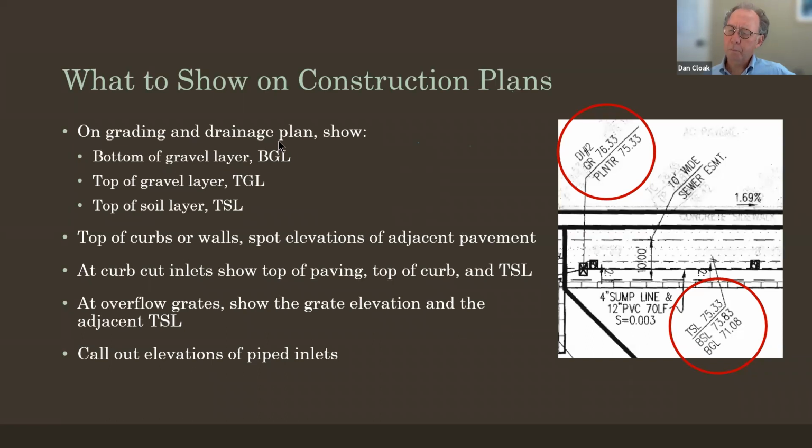So the best way of communicating the key aspect that all layers are built flat and that the top soil elevation is flat. From what I've seen, the best way of making that clear is in the plan view on the drawing, on the grading and drainage plan, where elevations are called out, is that these 3 quantities are called out, and it's made clear in one way or another that these apply across the entire facility, so it's flat.